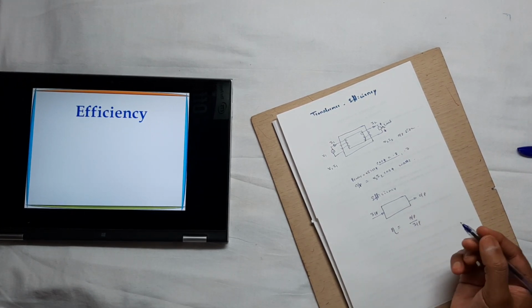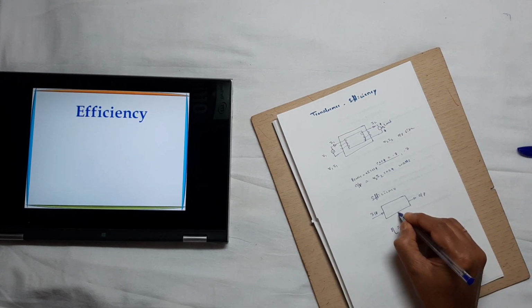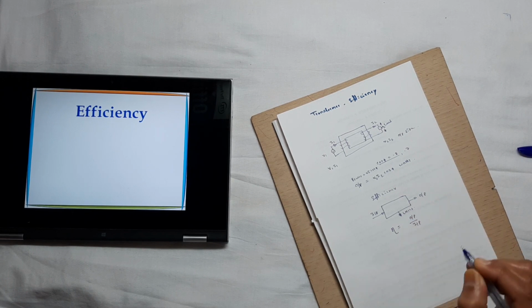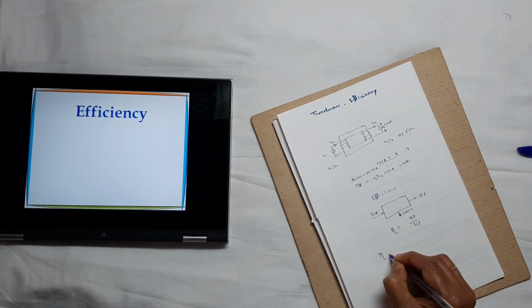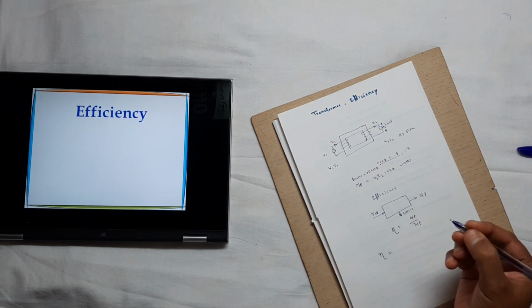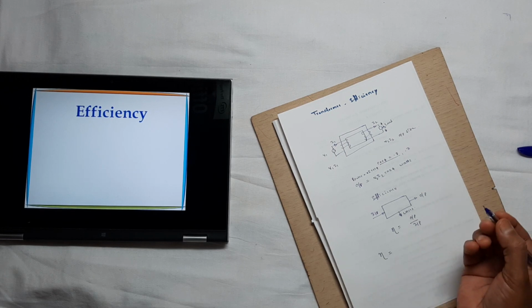Now, if there are some losses in the machine, in that case we modify this efficiency equation. That is, we can express the efficiency in terms of output and losses, or input and losses.